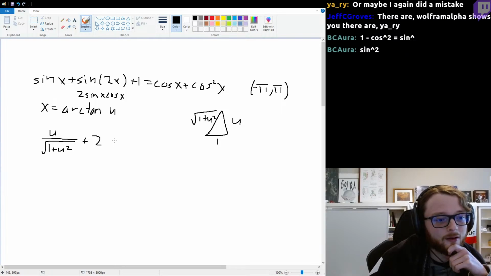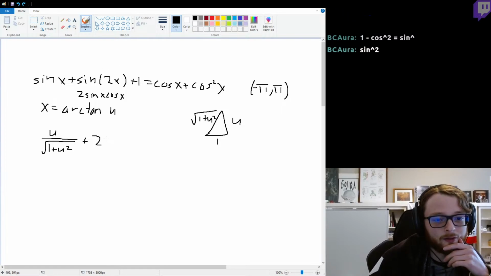Get everything on the left-hand side and get 1 minus cosine squared is sine squared? Yes. What do you do with the sine 2x? I don't know if I tried that exact thing, but I definitely tried something like that, and I got stuck.